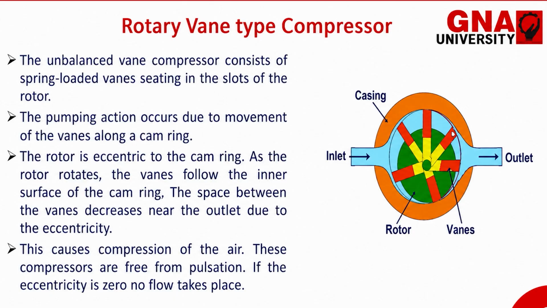Due to the decrease in the volume, the pressure gets increased and we will get the high pressure air at this outlet. So this causes compression of the air. These compressors are free from pulsation. If the eccentricity is zero, no flow takes place.